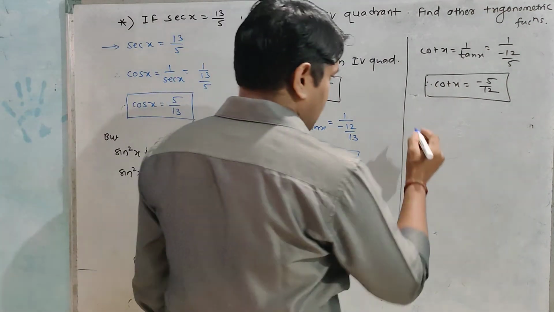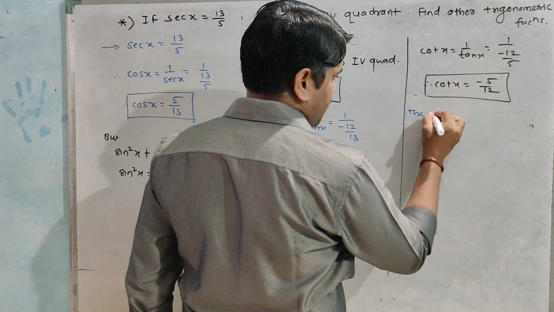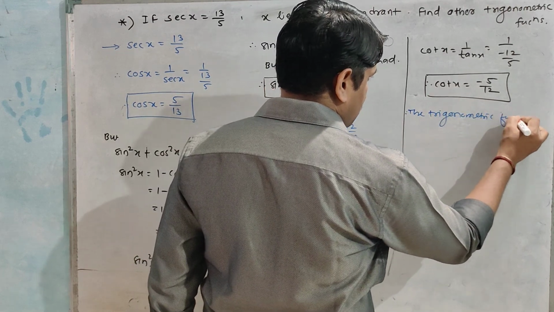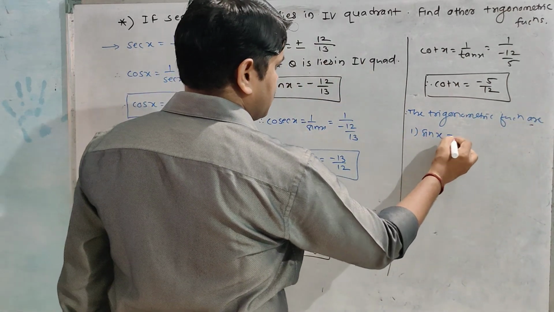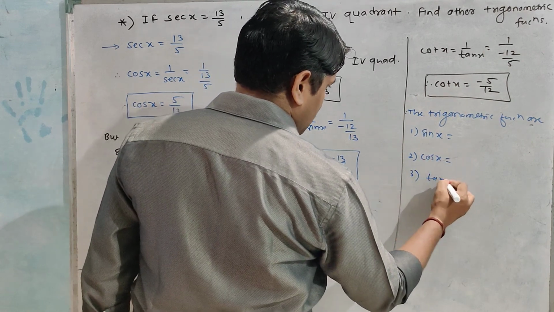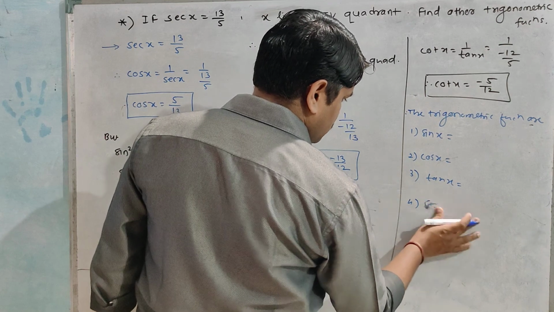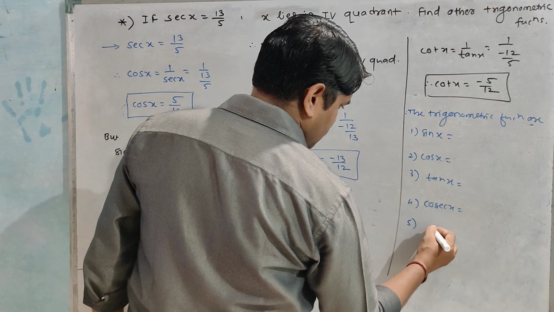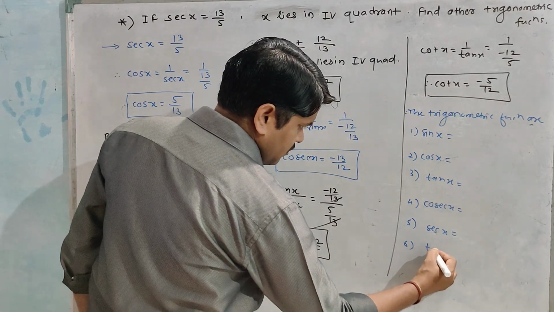Understood? So now, therefore, the trigonometric functions are rearranged. The first one is sin x, second one is cos x, third one is tan x, fourth one is cosec x, then fifth one sec x, and then sixth one cot x.